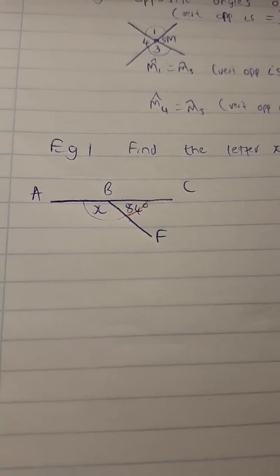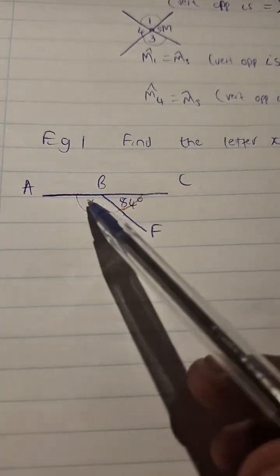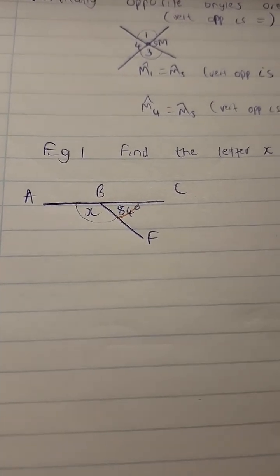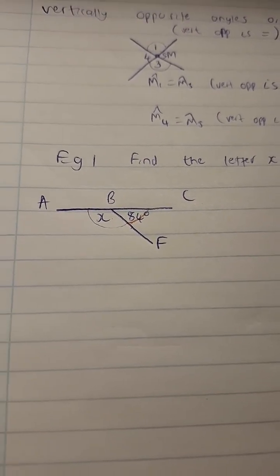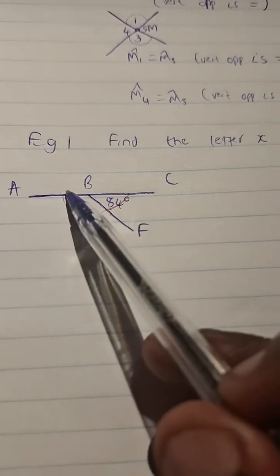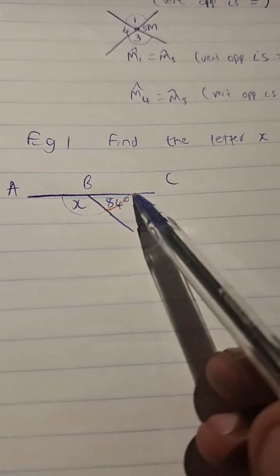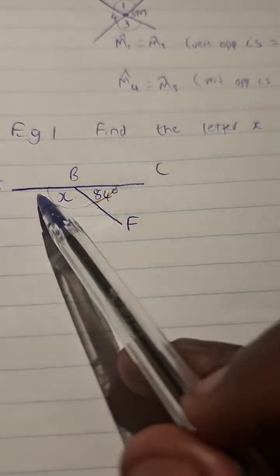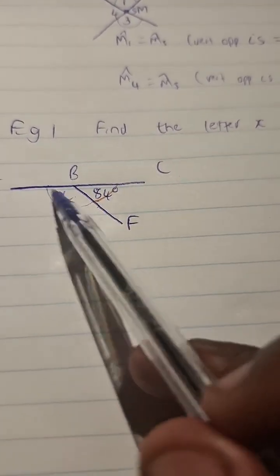What total should this give me? Lesego says 180 degrees. And I'm happy that you can say that, because we know that from here all the way to there, this is a straight line ABC. So this here is a straight angle.